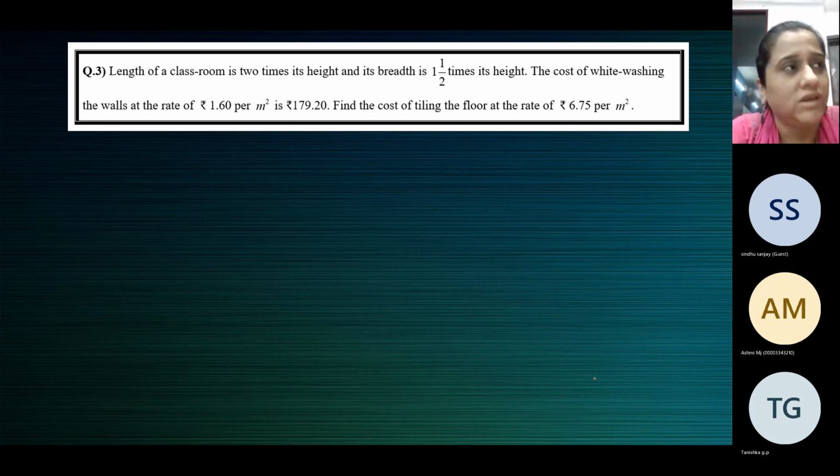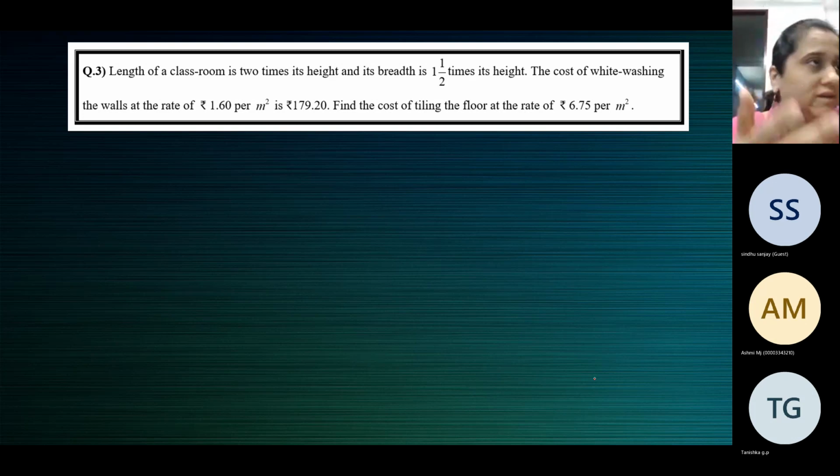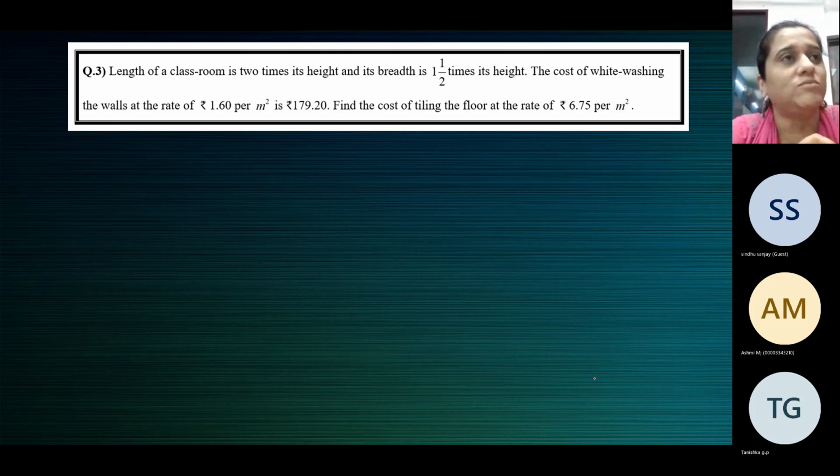So if you want to find only the area of the 4 walls, you should subtract. If no information is given about the doors and windows, you cannot do anything. If they give you the information about the doors and windows, after finding 2h into L plus B, you should subtract the area of the doors and the area of the windows. That remaining area is only the area of the walls.